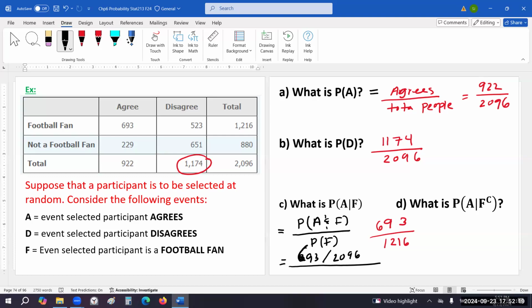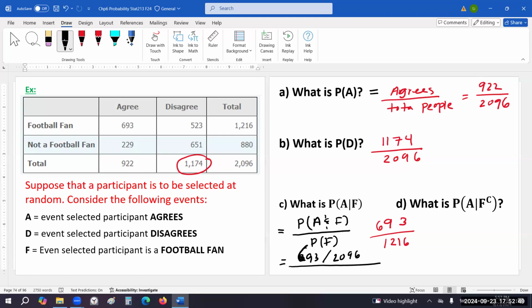Both methods. This is a shortcut, but how did you figure it out? Well, this is a long cut. How did you figure it out? So probability of this one is only this divided by the total people. So this agree and football fan 693 divided by 2096. And the probability of football fan, we already know. For the football one is 1216 divided by 2096, right?